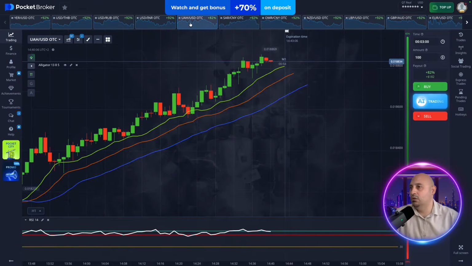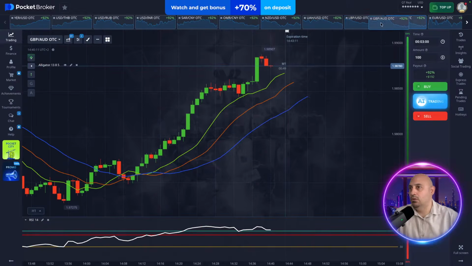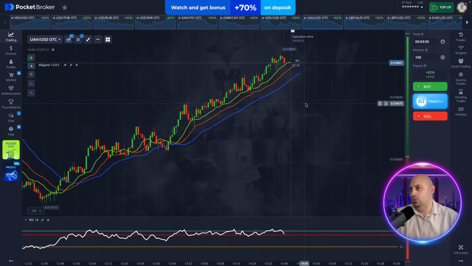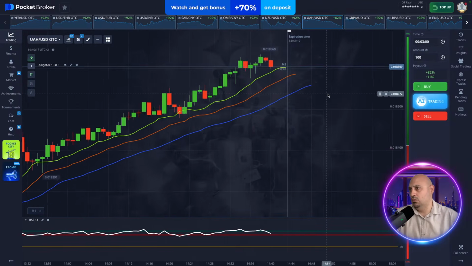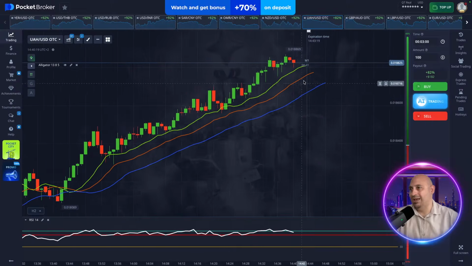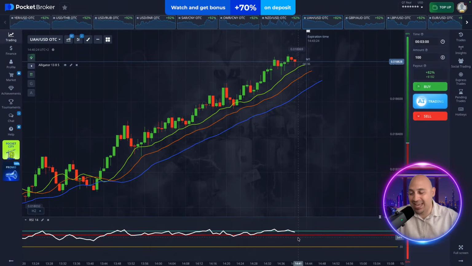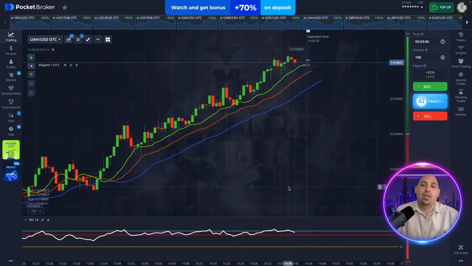The other one was this one. So these two then. Ooh. I could have entered that trade, even though the RSI was technically so close to 60.